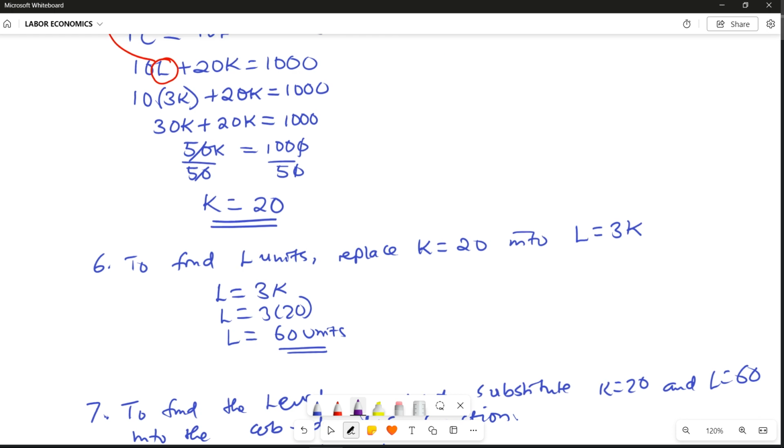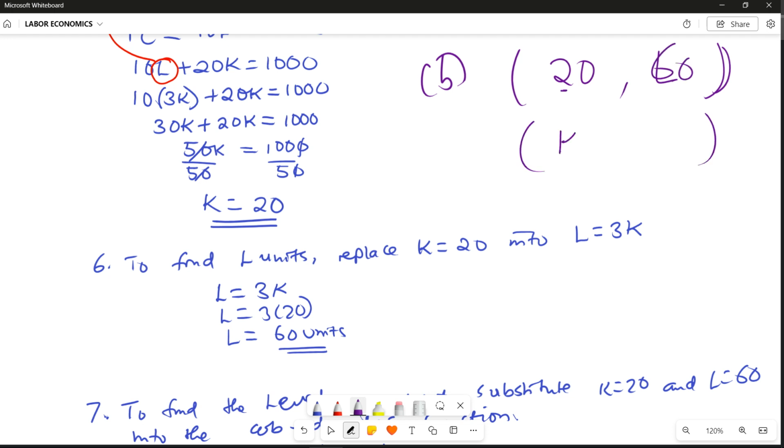So what you do is, for B, you write the optimal combination should be, then you do this. You have got 20 and L, where 20 and what, and 60, right? Where the 20 is for capital, comma, the 60 is for labor, like that.